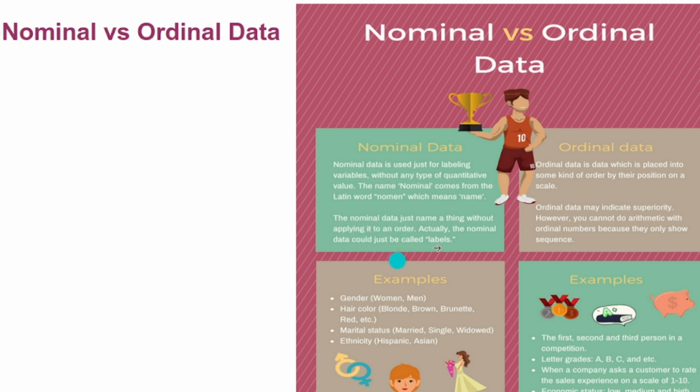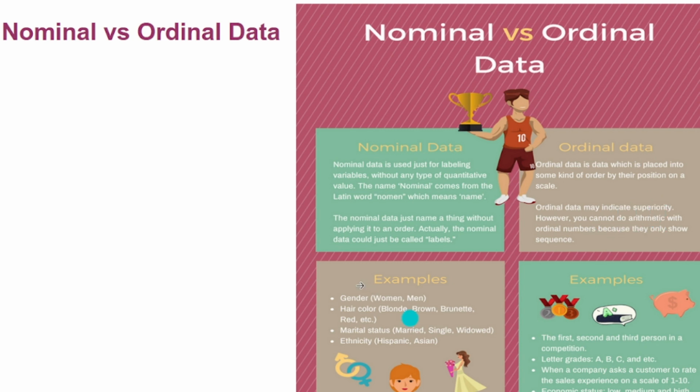You give a label to a particular piece of data. Whereas ordinal data is placed into some kind of order by its position on a scale. Ordinal data usually indicates superiority. You cannot do any arithmetic with ordinal numbers because they only show the sequence.